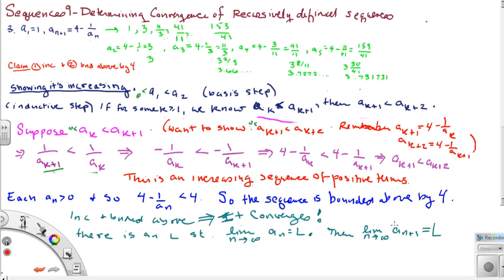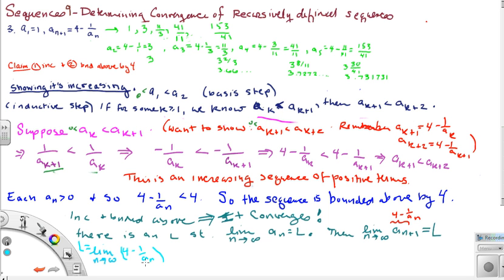a_(n+1), of course, is 4 minus 1 over a_n. So what that has is the limit as n goes to infinity of 4 minus 1 over a_n. On the one hand, that's equal to L, that's what we just showed.